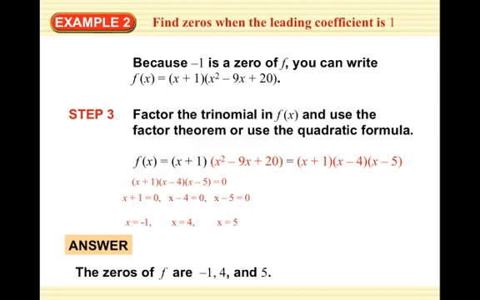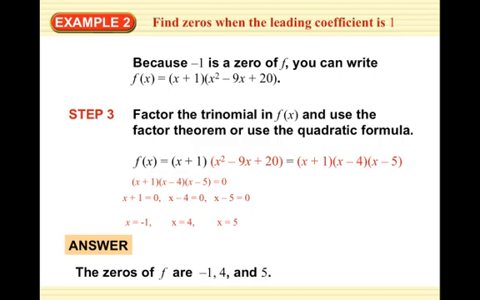Let's review the process again. You're given this polynomial. You can't factor it, so you go to plan B, which is to list your p over q's. You list all your possible rational zeros. Then you start testing them to find one that works.